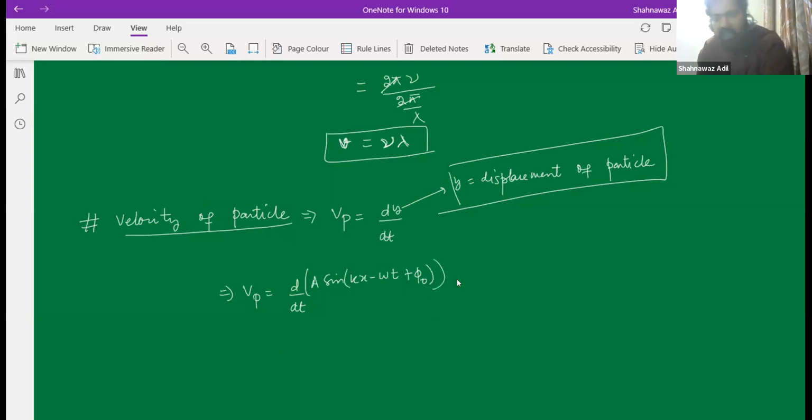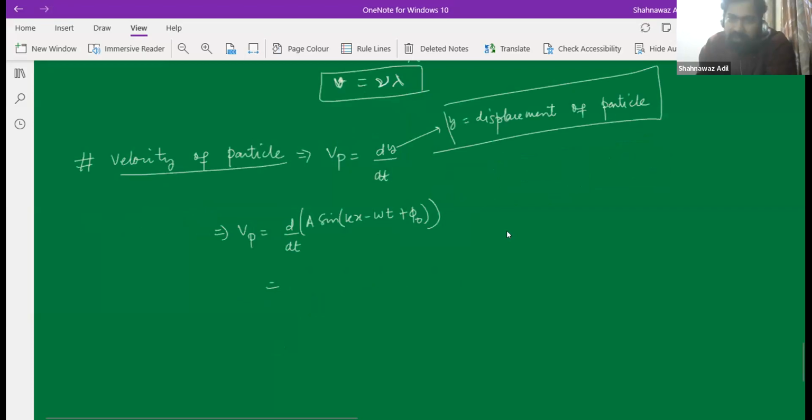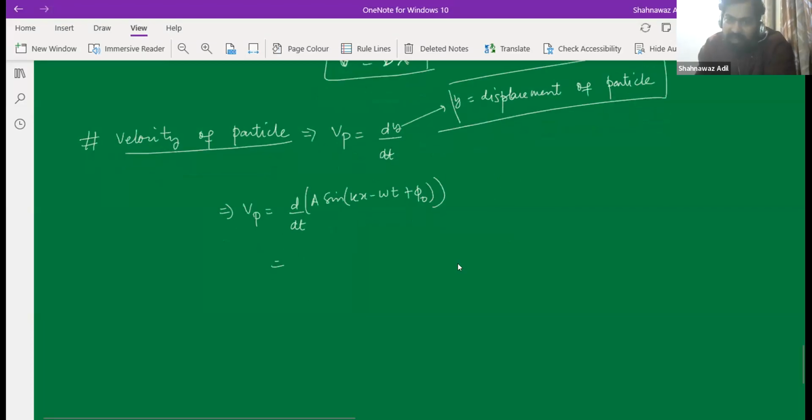So we are taking the differentiation with respect to t; we can take A outside, and the sine of this thing. What would be that? d by dt of sin(kx - omega t + phi naught). Right. So we have to take the differentiation of this thing. So this would be how much?